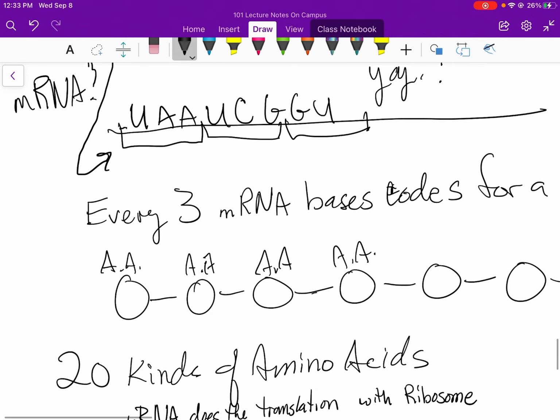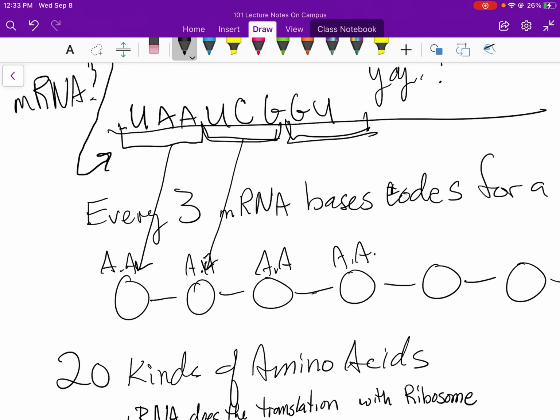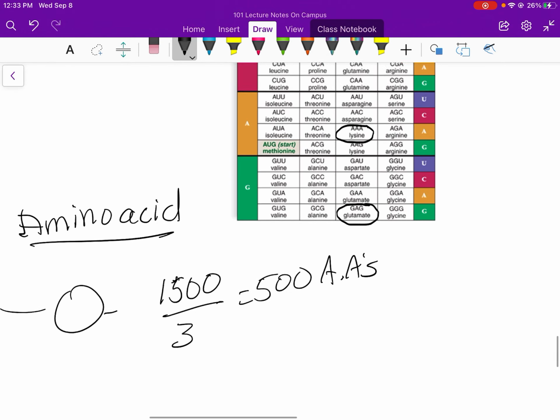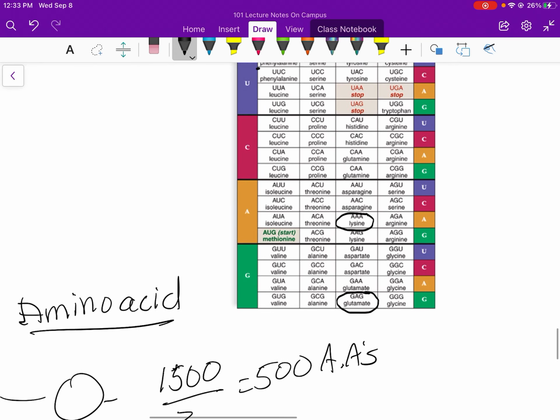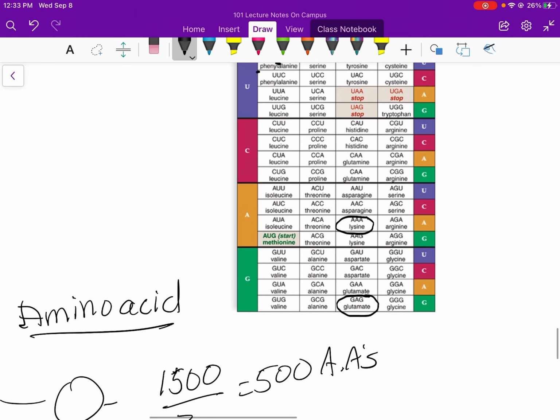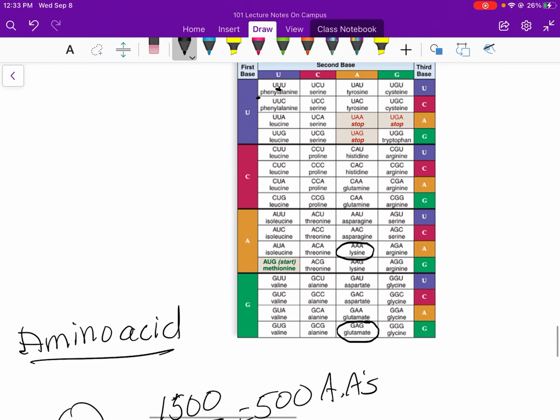So essentially we're going to read each of these. This 3 here will make this one, this 3 here will make this one, and let's say we get another C on there, we'll make this one. If it's UAA, I can go look up UAA and see what it becomes, and UAA might have turned out to be a terrible choice. Uh-oh, UAA is a stop codon. That's not good.